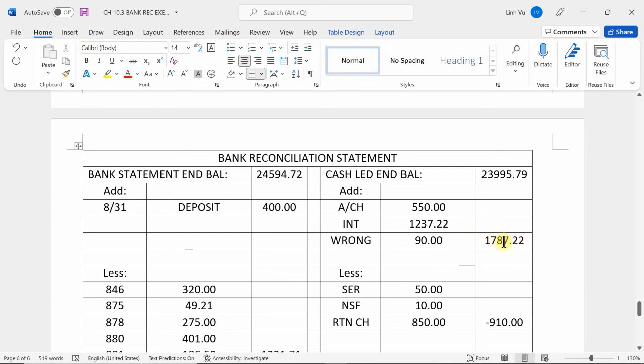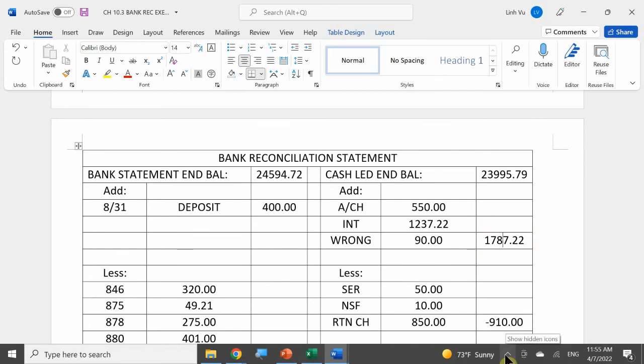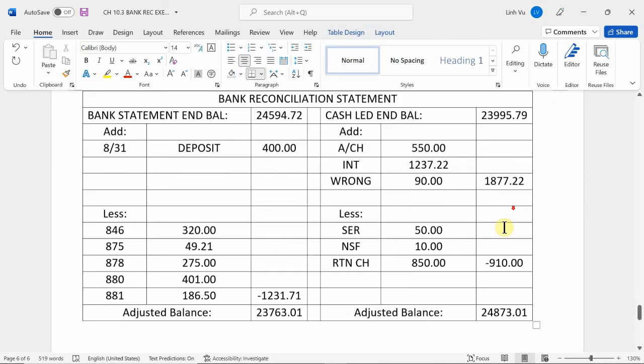So in this case, this is going to change. It's no longer going to be 787 anymore because you need to add $90 to that. So that should give you 877.22 instead. So therefore, you need to recalculate this.